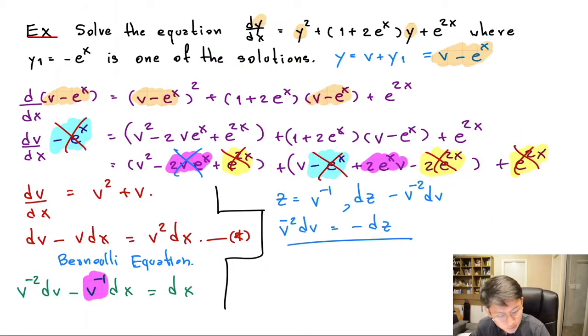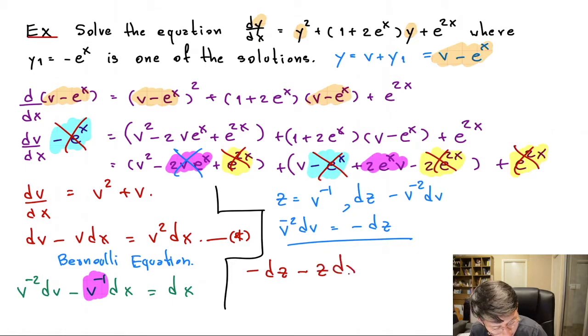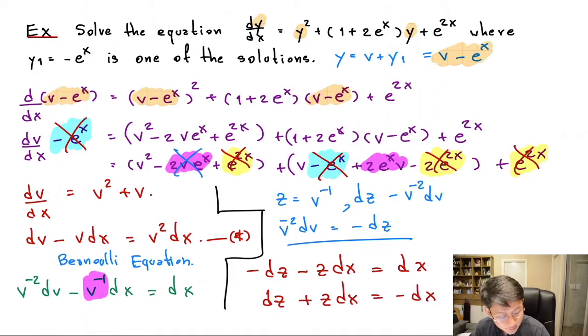Okay, so here we have minus dz minus z dx equals dx, and then I multiply the whole equation by minus 1, so I get dz plus z dx equals minus dx, and that is a linear equation.